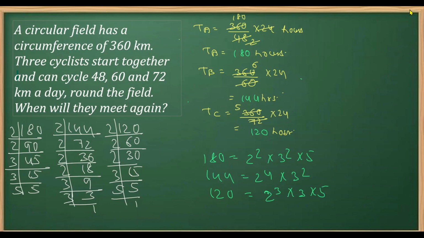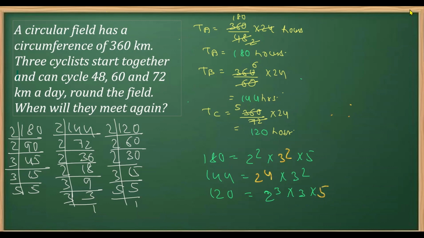Now for finding the highest factor, I can see that 2 raised to the power 4 has the highest power of 2, and for 3 it is 3 square as the highest power, and the 5 is only one time anywhere.